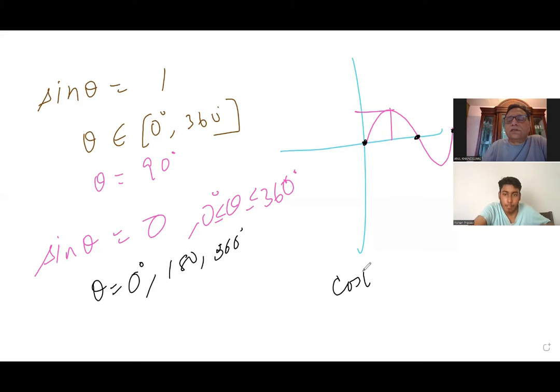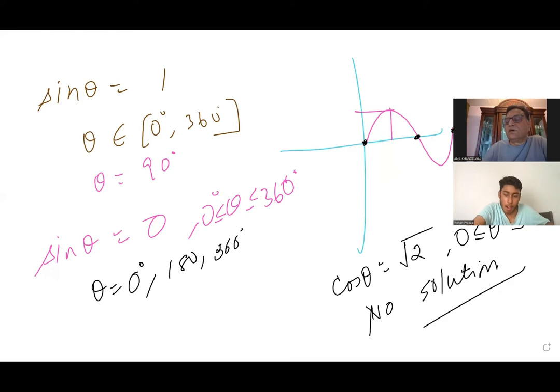If I say cos theta equals square root 2, how many solutions? No solution, sir, because cos theta is always between plus and minus 1. You are correct. So that's what you've learned. We could have many solutions depending on the equation. There may be no solution. There could be 1, 2, 3, or many solutions, correct?